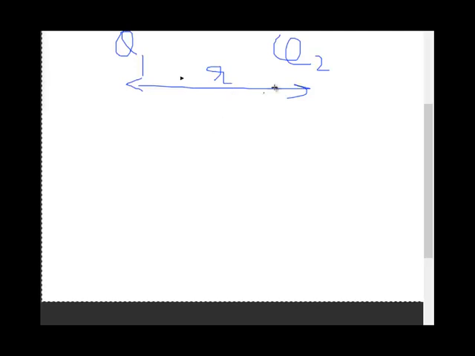So consider two point charges, q1 as the first point charge and q2 as the second point charge, and the distance between these two point charges is r. Then these two point charges will experience force. The point charge q2 will experience force in this direction, in the radial direction.